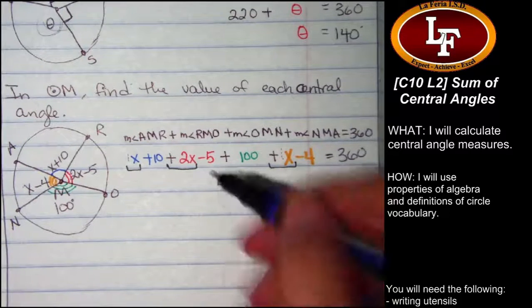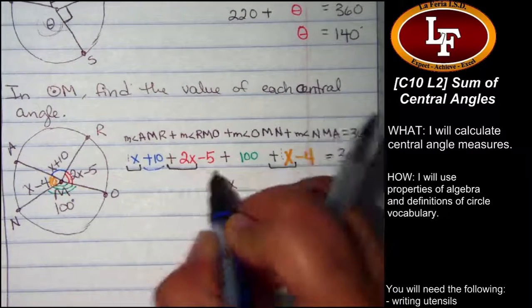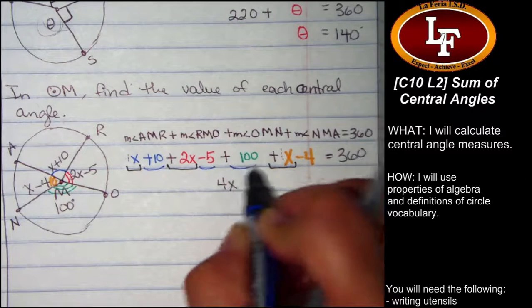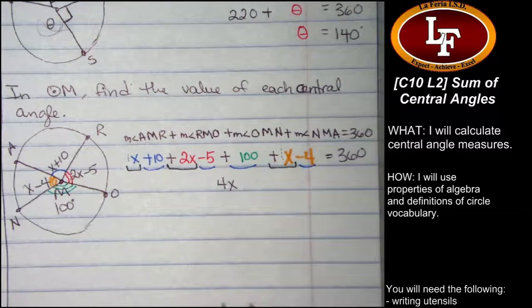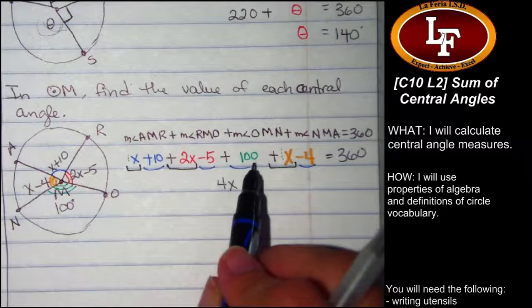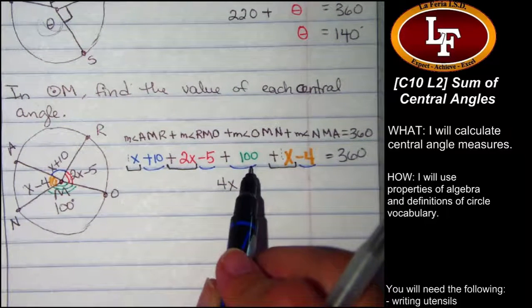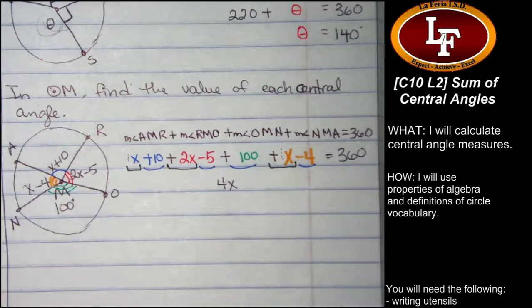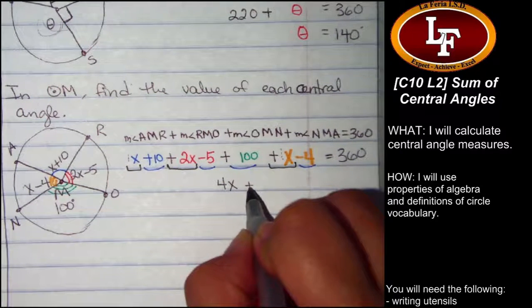Next thing is I'm going to do the numbers. So I have 10, minus 5, 100, negative 4. So 10 minus 5 is 5, plus 100 is 105, minus 4 is going to be 100.